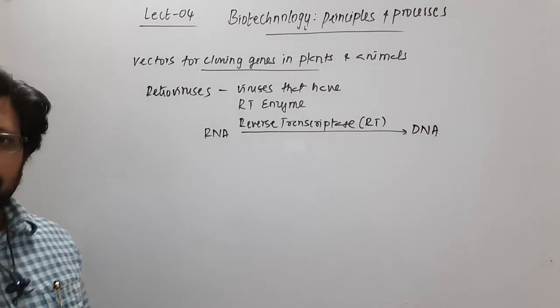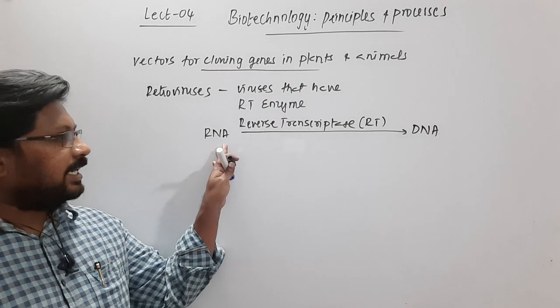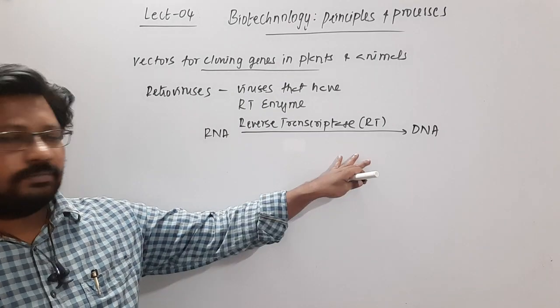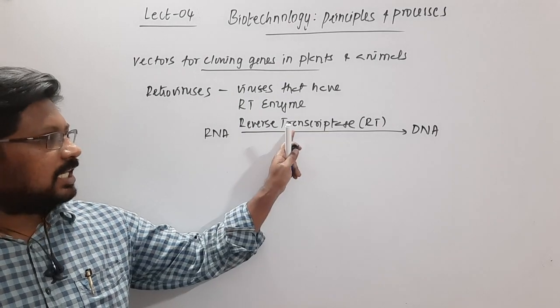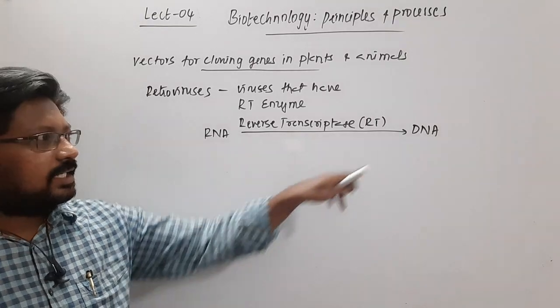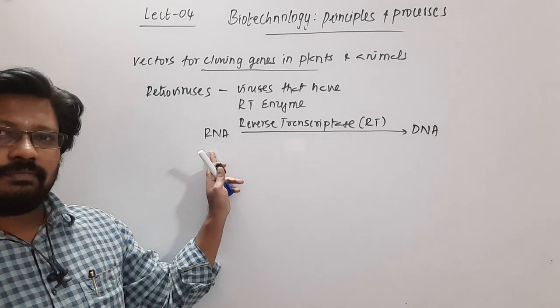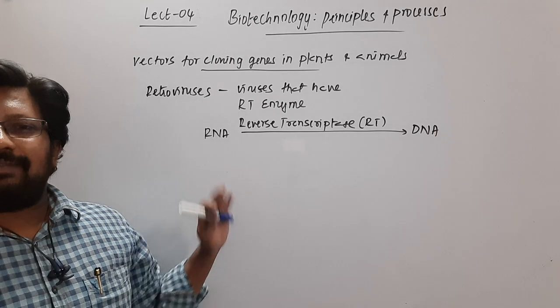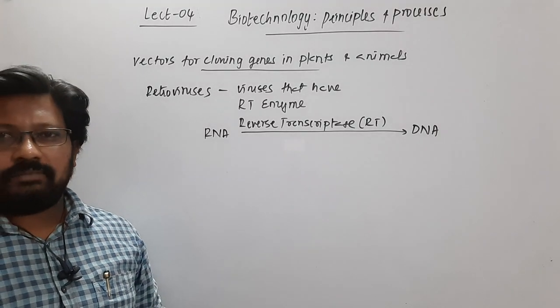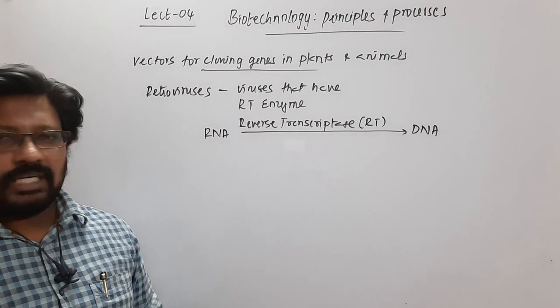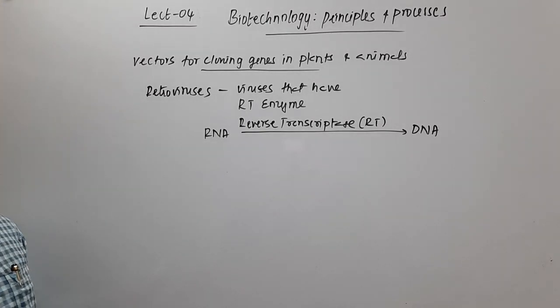We know the transcription process, where RNA is formed from DNA, but this reverse transcriptase is going to make DNA from RNA. That process we call reverse transcription, and the enzyme involved is reverse transcriptase. Those viruses which have this reverse transcriptase enzyme are called retroviruses.